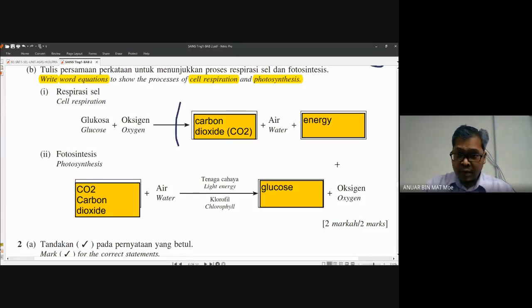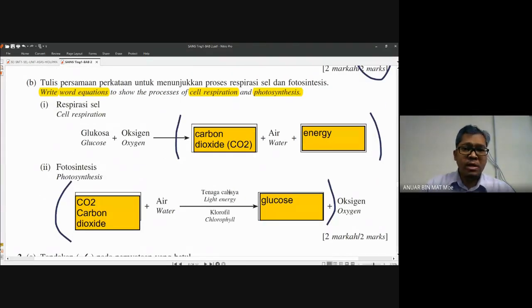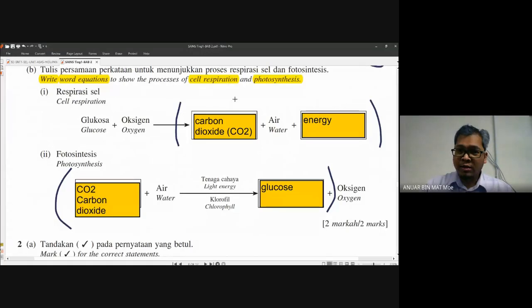So, can you see how many answers in question B1? There are 2 answers, right? 1 plus 1. And for question B2, also 1 plus 1.